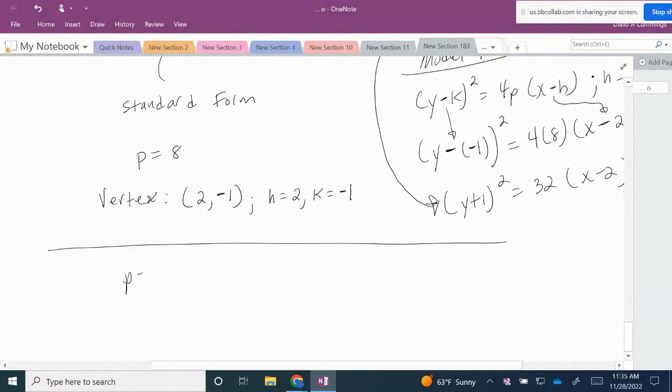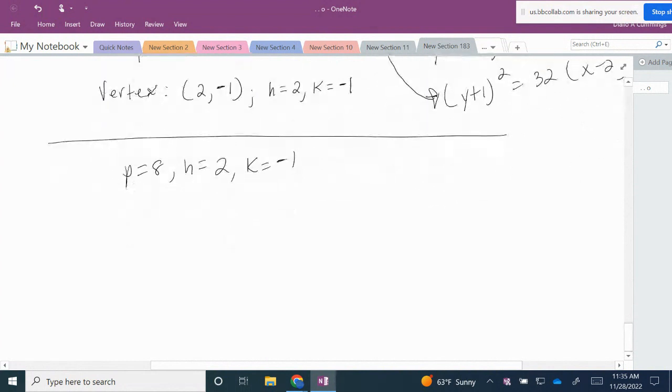So p is equal to 8, h is equal to 2, k is equal to negative 1. And we're going to find the vertex. We already have the vertex as 2, negative 1.